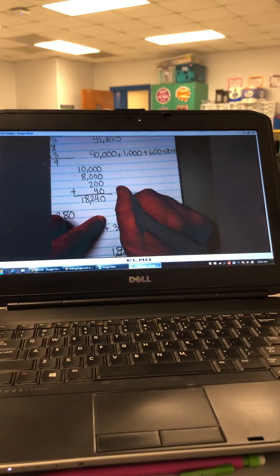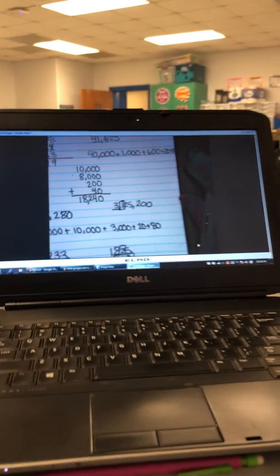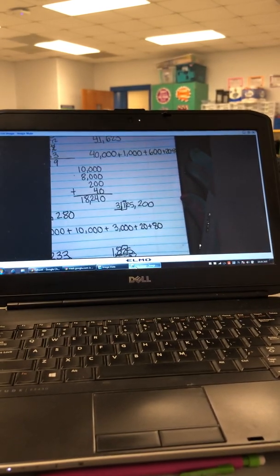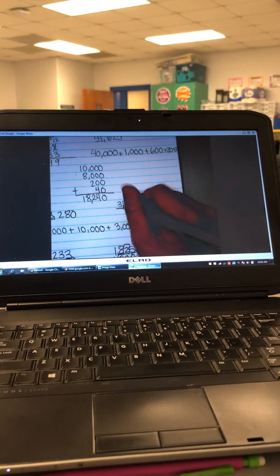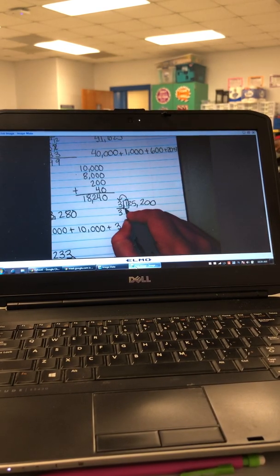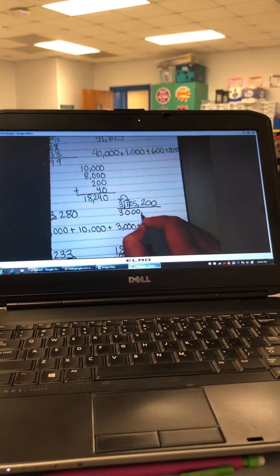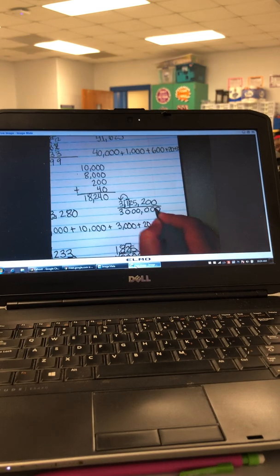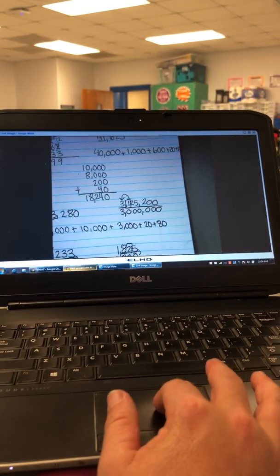So I put a box around my 1. Is 1 5 or more, or 4 or less? 4 or less. So we let the 3 do what? Rest. So everything in the box and behind it changes to a 0. So the answer is 3 million.